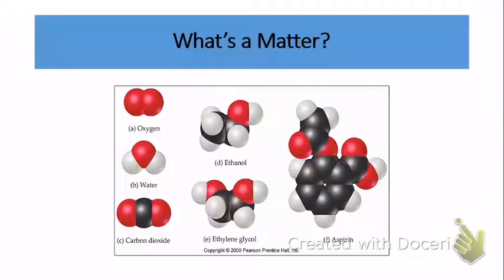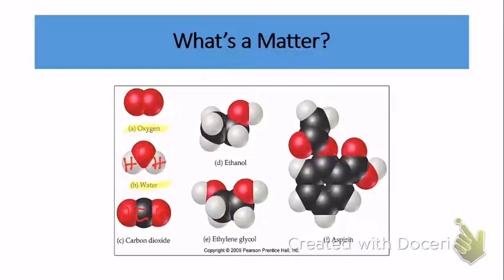For instance, oxygen here is represented by two atoms of oxygen that are chemically bonded together. Water is built around, as we've mentioned before, an oxygen and two hydrogen atoms. Carbon dioxide is made up of a carbon atom and two oxygens.